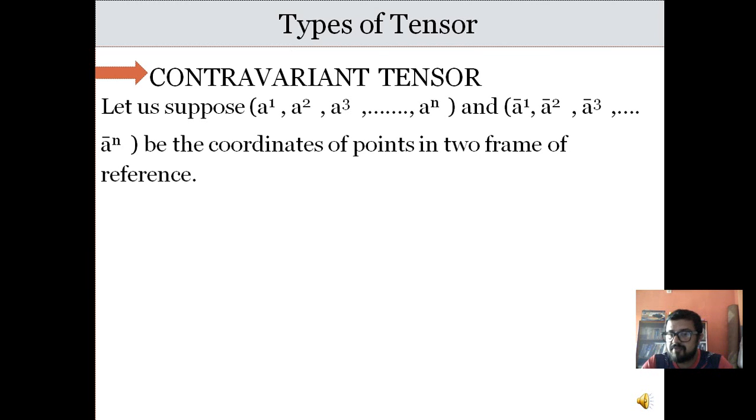In order to discuss the contravariant tensor, first of all I want to consider two coordinate frames of reference. In one coordinate frame of reference there are components a1, a2, a3 ... an. But in another coordinate frame of reference the components are a bar 1, a bar 2 up to a bar n.